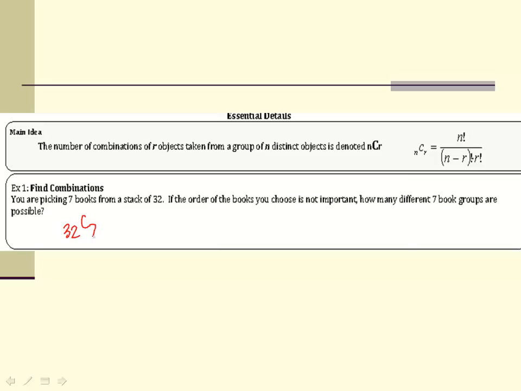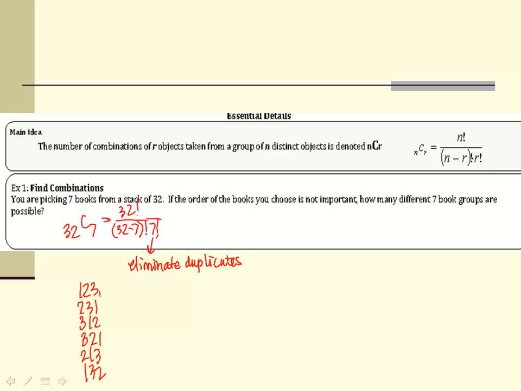The way the formula works says take 32 factorial over 32 minus 7 factorial and 7 factorial. This extra piece is trying to eliminate the duplicates. In shorthand, 1, 2, 3 is the same thing as 2, 3, 1, which is the same as 3, 1, 2, which is the same as 3, 2, 1, 2, 1, 3, or 1, 3, 2.